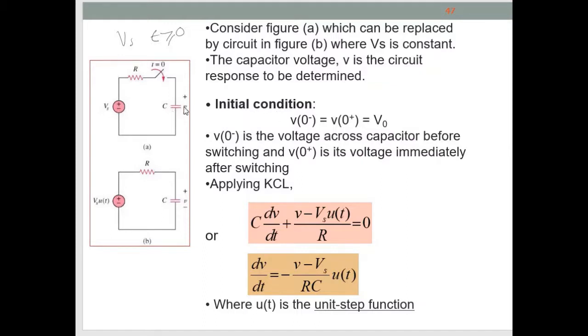In the initial condition of the voltage, or V capacitor here, V0 minus is the voltage when t is less than 0. V0 plus is right after the switch is on, referring to the voltage of the capacitor, and these two are equal to V0, the initial voltage of the capacitor.